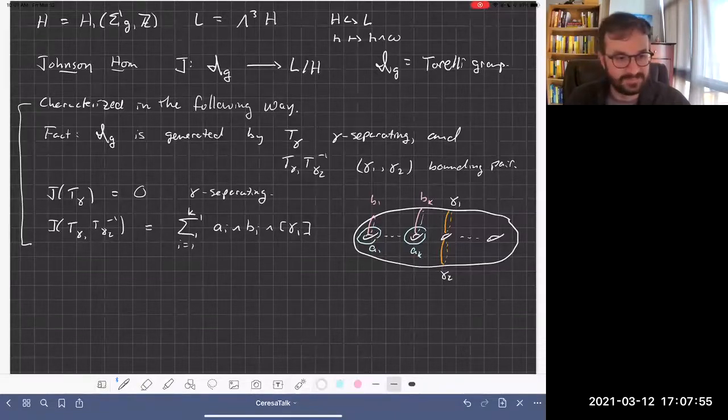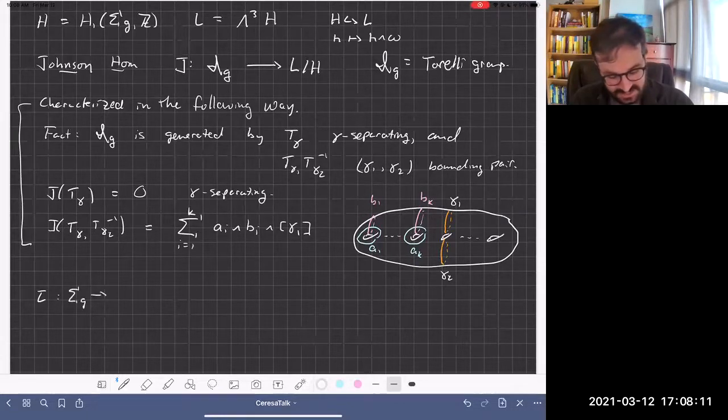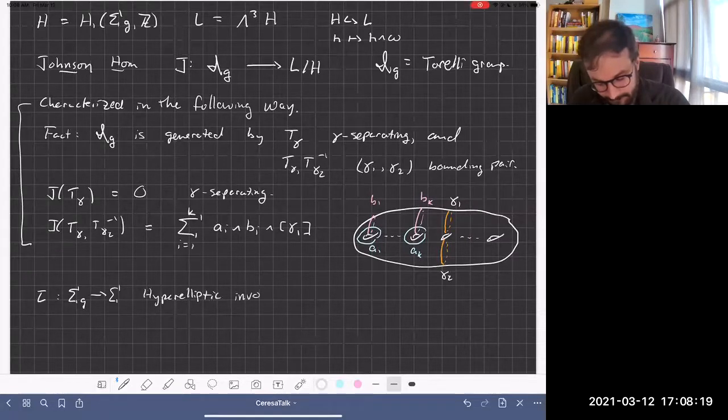The final ingredient we need to define the Ceresa class is to fix some hyperelliptic involution. So let tau from sigma g to sigma g be a hyperelliptic involution. In the topological setting, this just means that this is an involution in the mapping class group, so it squares to the identity, and it acts as minus 1 on homology.